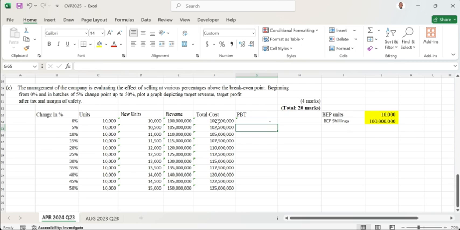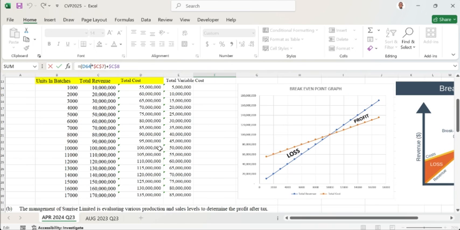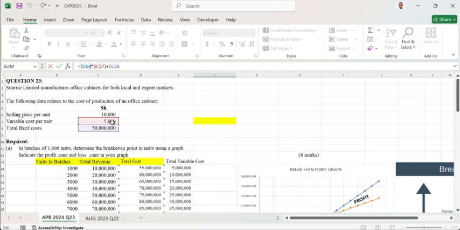Unajua C7 pia inasema kuwa fixed. Si inasema kubaki kuwa the same hizi mbili. Yes, so in other words, you are supposed to lock two things: the fixed cost and the variable cost per unit.